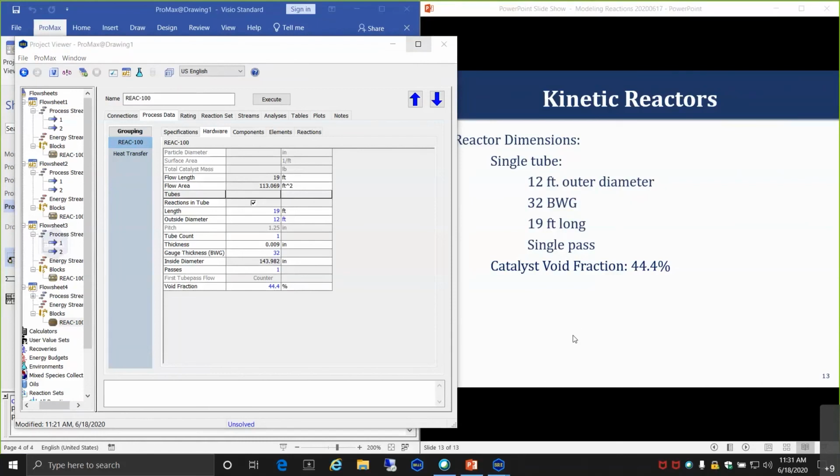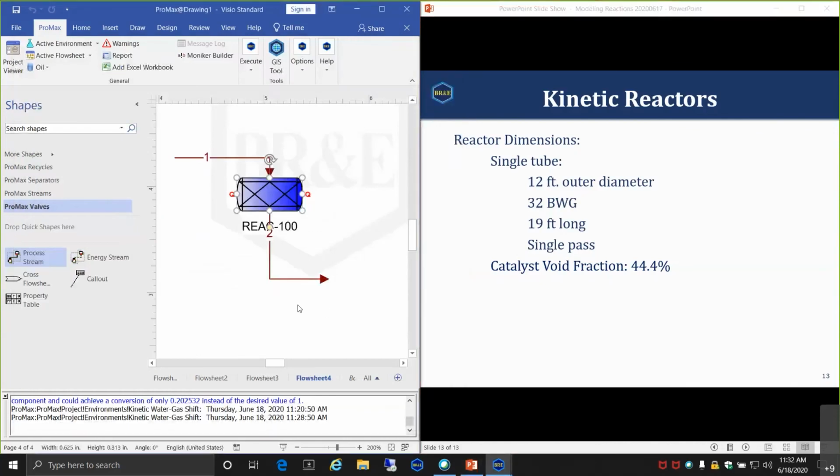And that is why it's required, so that we can determine what this flow area is. That flow area is going to be based off of the inside diameter. So that has now defined the size of our system, and effectively here is the volume. We multiply those two together to get our volume of the system, and then we'll multiply it by our void fraction, or I'm sorry, 1 minus the void fraction, to determine the reaction volume that we will be working with. And so from here, we should be able to execute.